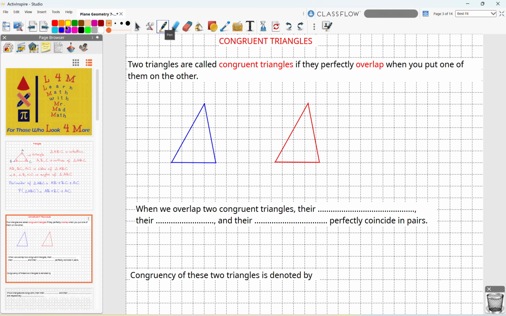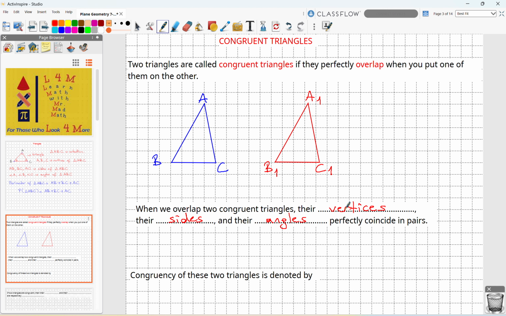Let's say that this is the triangle A, B, C, and this is the triangle A1, B1, C1. When we overlap two congruent triangles, their vertices, their sides, and their angles perfectly coincide in pairs.